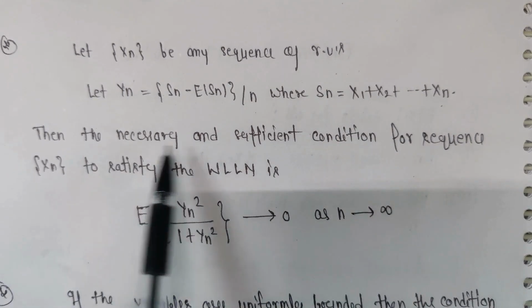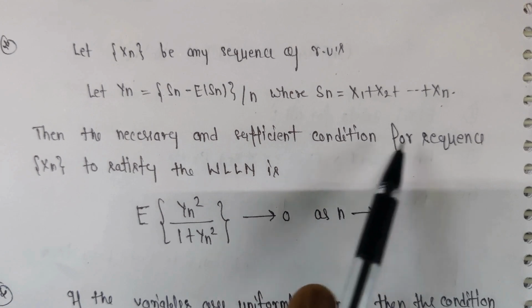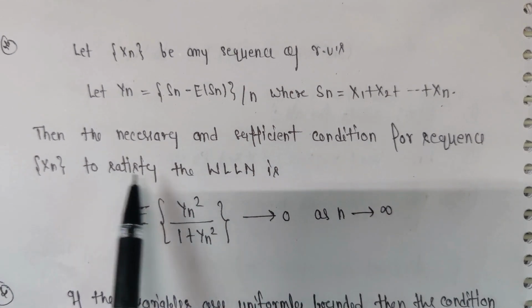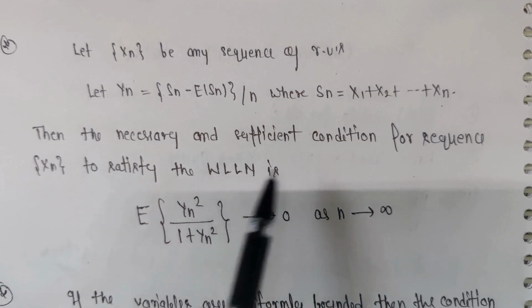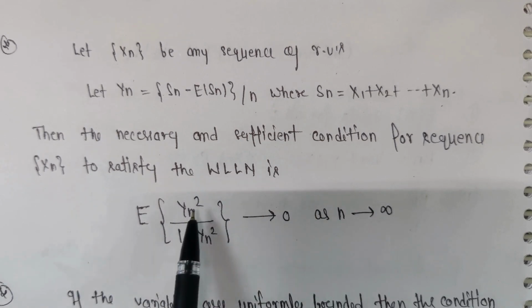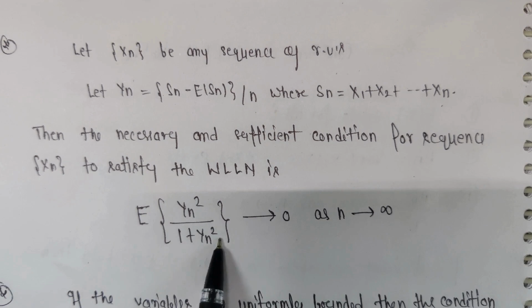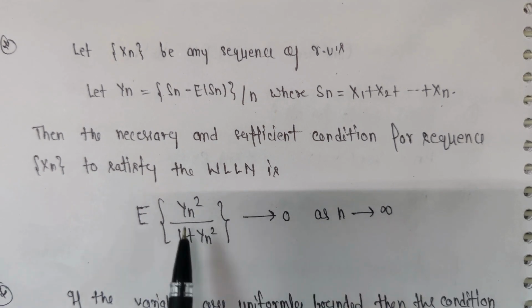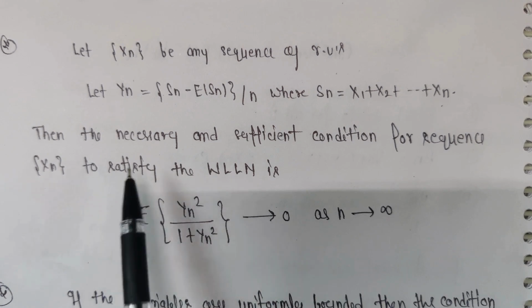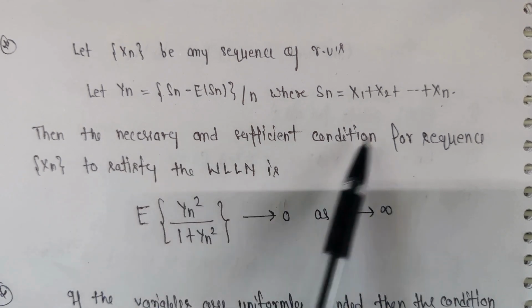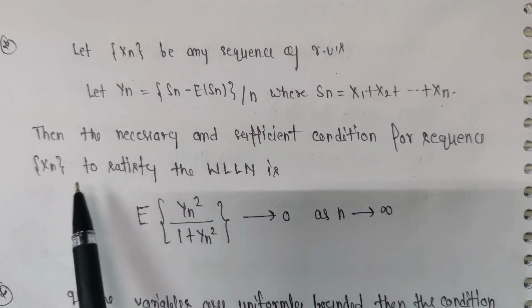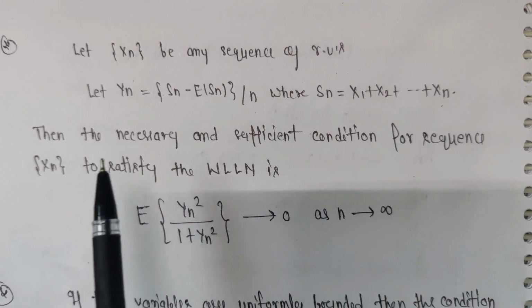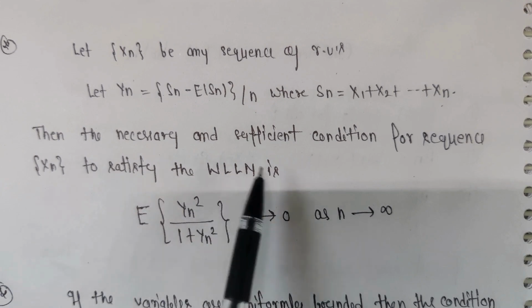Then the necessary and sufficient condition for the sequence Xn to satisfy the weak law of large numbers is that the mean value of Yn square upon 1 plus Yn square tends to 0 as n tends to infinity. This is one important result, and it is the necessary and sufficient condition for a sequence of random variables to satisfy the weak law of large numbers.